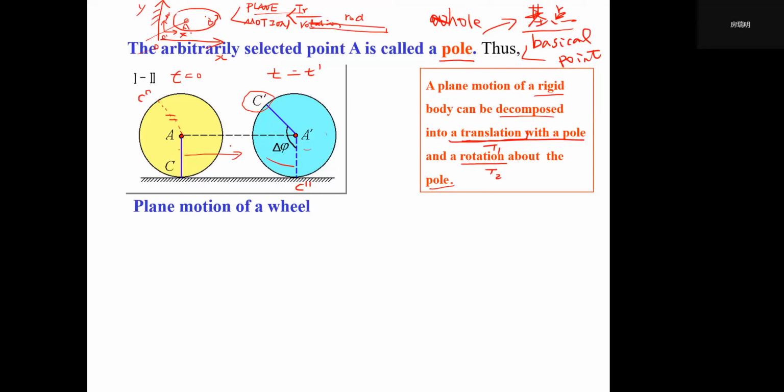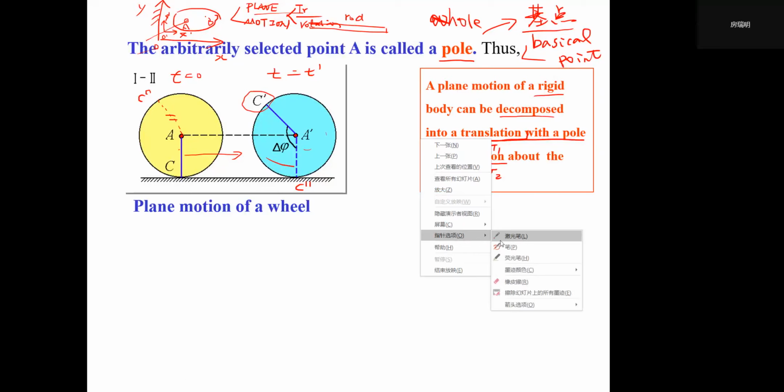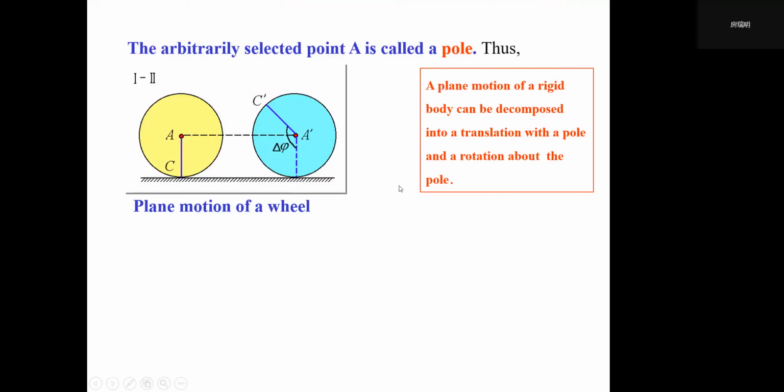So that's why we can decompose a plane motion into two parts. So that tells us why a plane motion of a rigid body can be decomposed into a translation with the pole and the rotation about the pole, right?